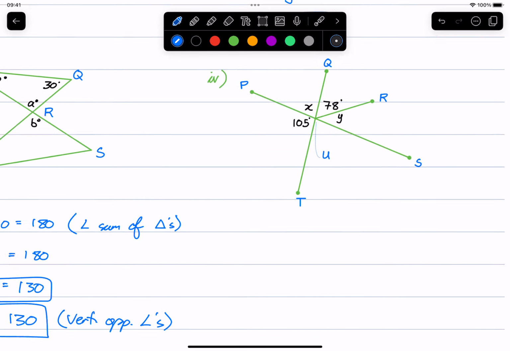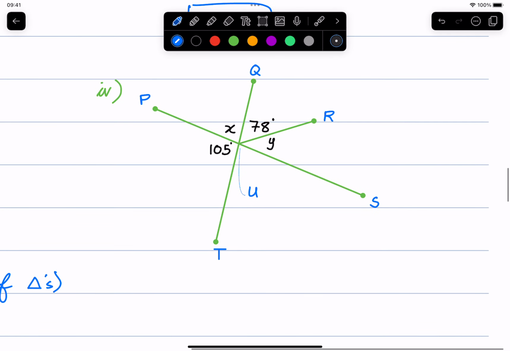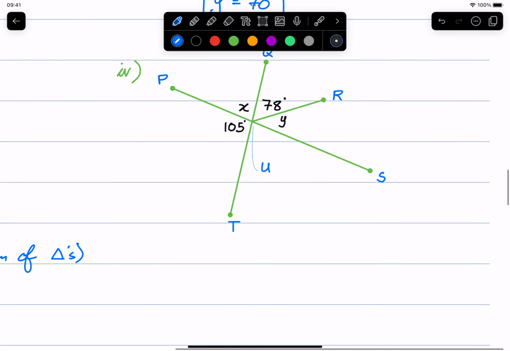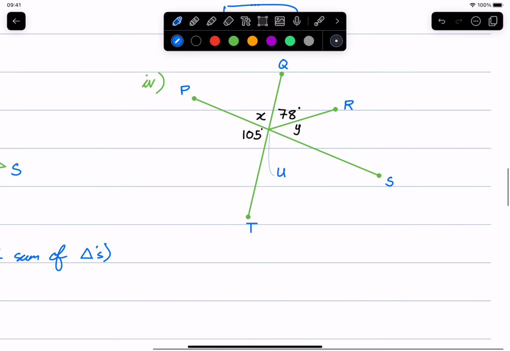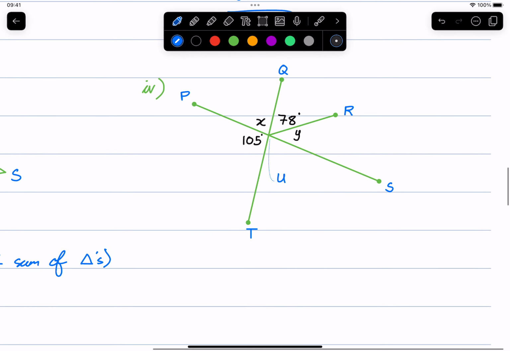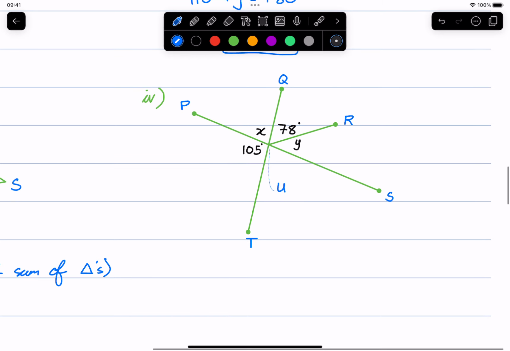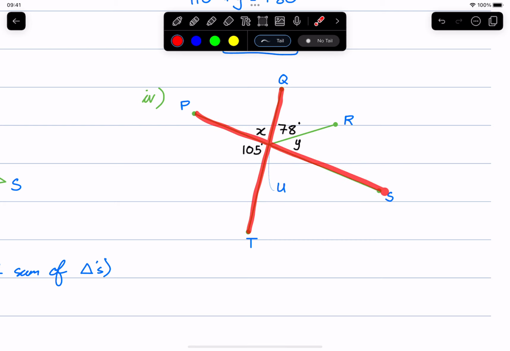All right, one final question here. Let's figure out what this might be. You can pause and give this a go yourself. This one's a lot trickier. Okay, so I hope you can see that these two lines intersect at these two points.